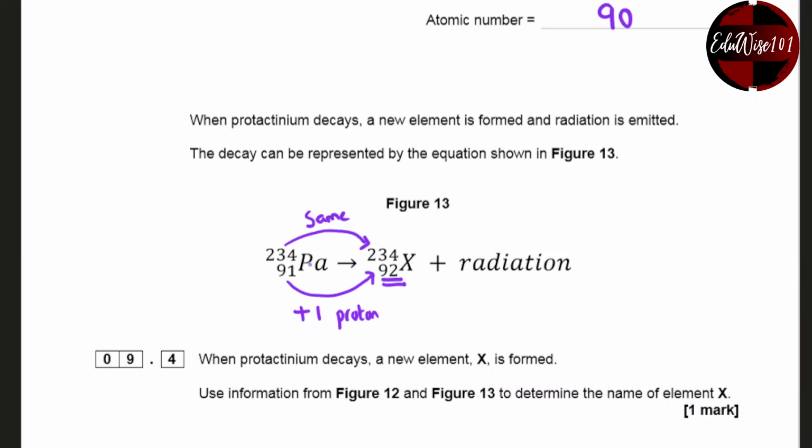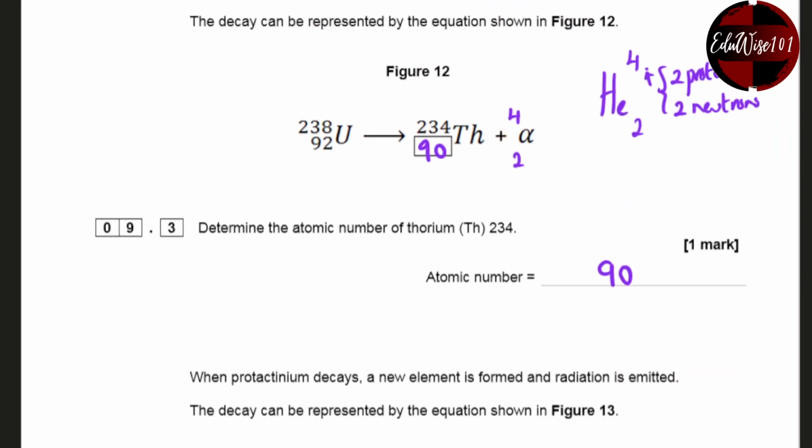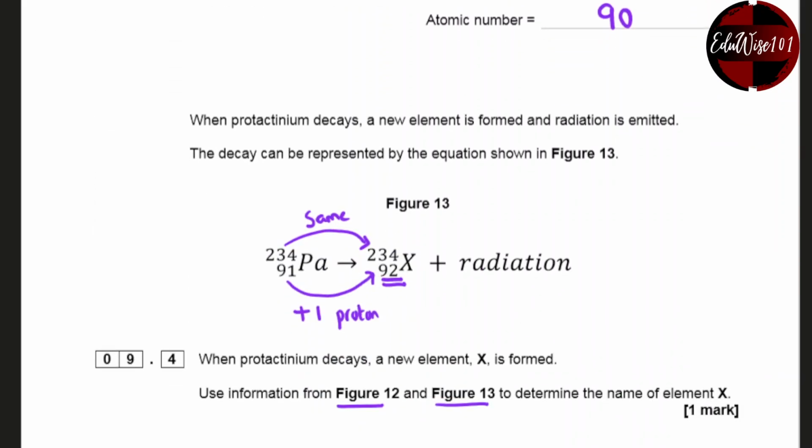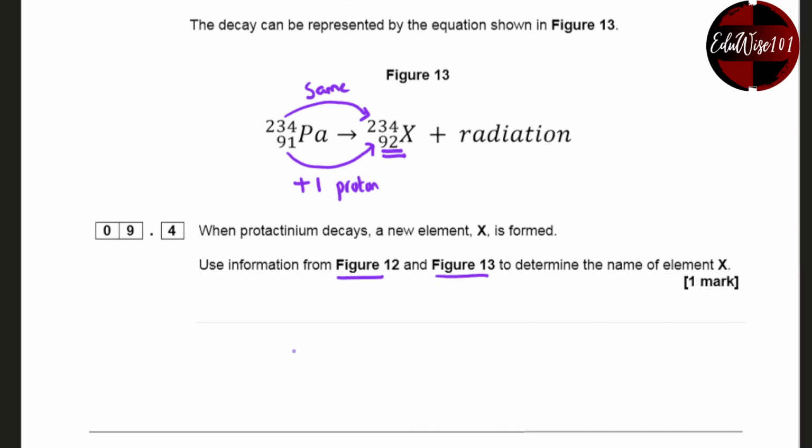The clue is in the question: use figure 12 and 13. If it's 92, then it has to be uranium. Uranium always has 92 protons. If it is 90 protons, it is thorium. 91 is protactinium. So the element X is uranium.